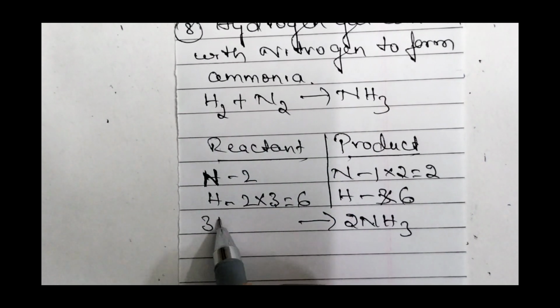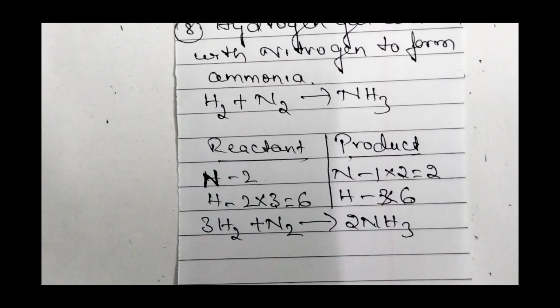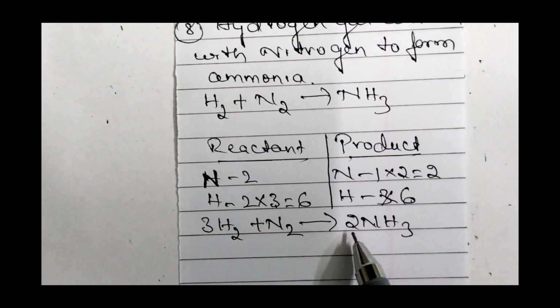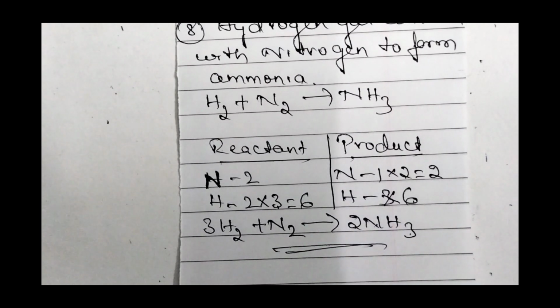So we will get 3H2 plus N2 give rise to 2NH3. N2, 2N, 3 2s are 6 hydrogen, 2 3s are 6 hydrogen. So 3H2 plus N2 give rise to 2NH3 is a balanced chemical equation when hydrogen gas combines with nitrogen to form ammonia. So now let us move to the 9th one.